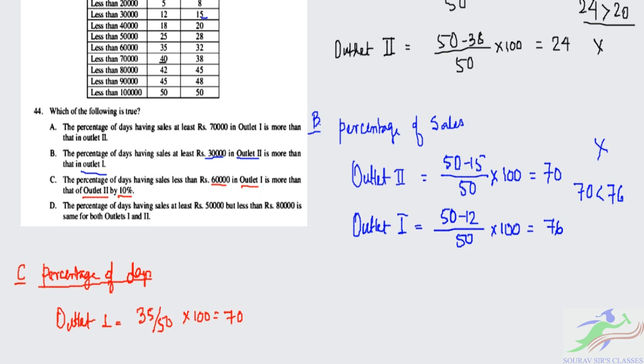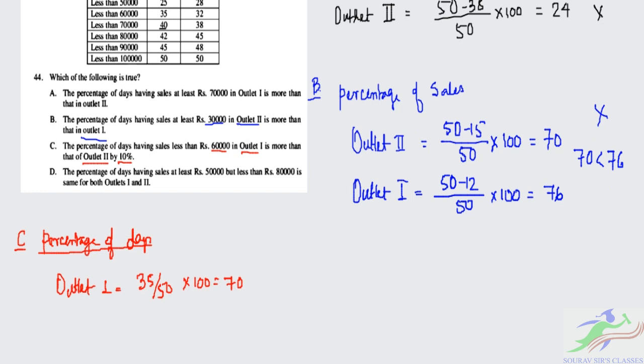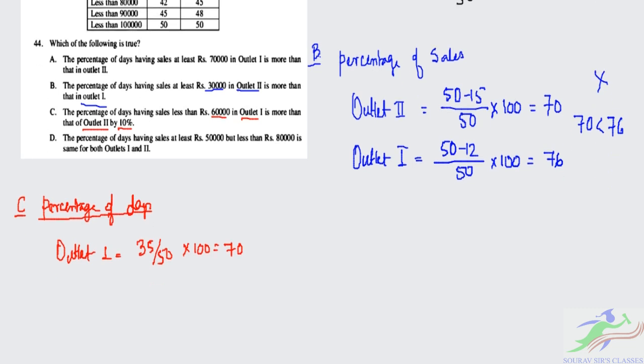And in case of outlet 2, it is 32 given. So outlet 2, that is going to be 32 by 50 into 100.